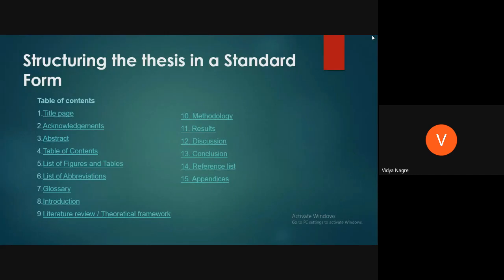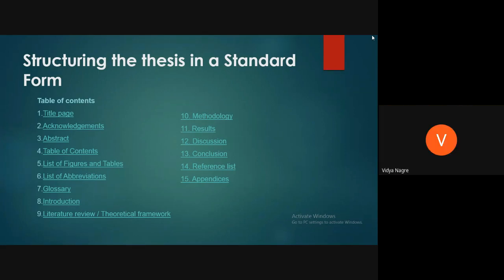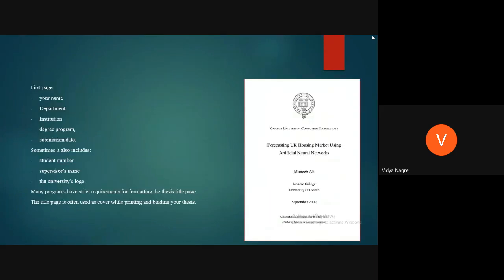Yeah, now this is how we structure our thesis. You can just quickly read it out. There is nothing much that we should read right away. Please go to the next slide so I can start discussing. So this is the title page. The title page flows like this.